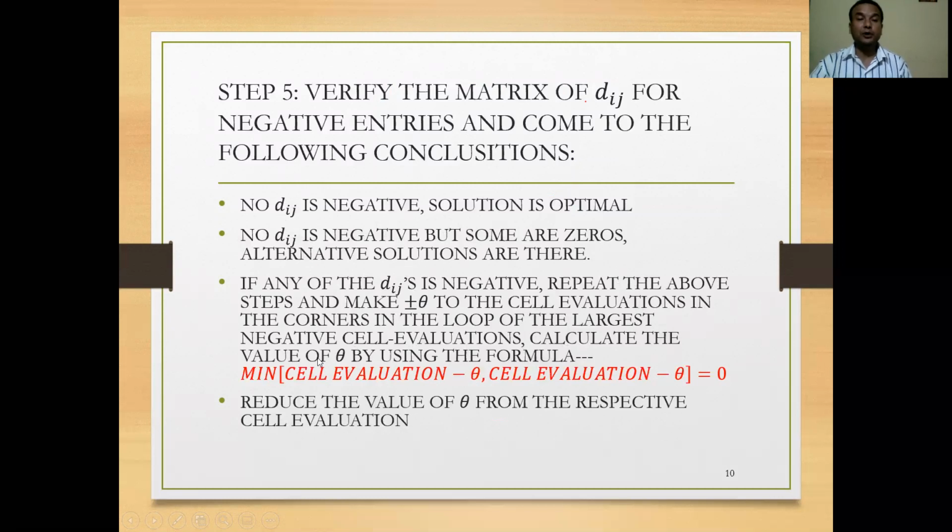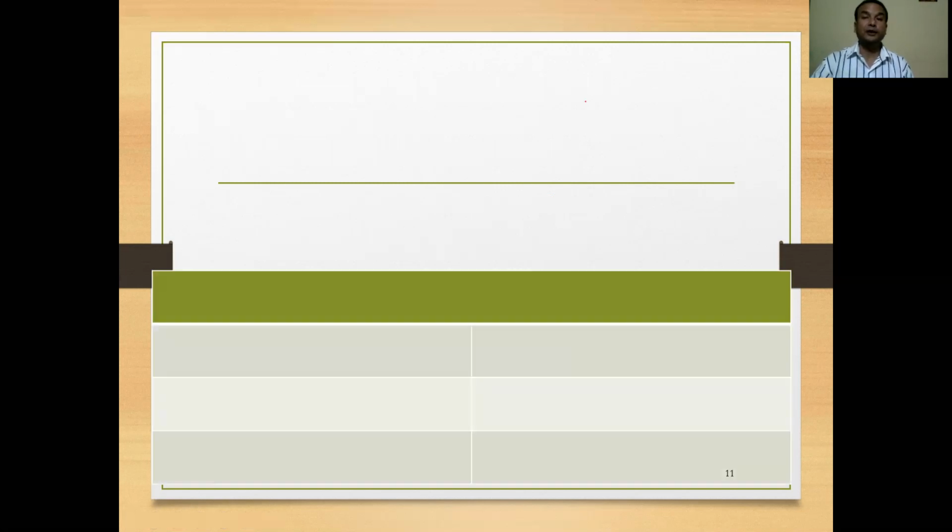Calculate the value of theta by using the formula: minimum value of cell evaluation minus theta is equal to 0. Then reduce the value of theta from the respective cell evaluation. Okay, so we have got this. This part you can see from the slide by going slow motion, or you can use repetition, so I don't make any further delay. I proceed to the next step.